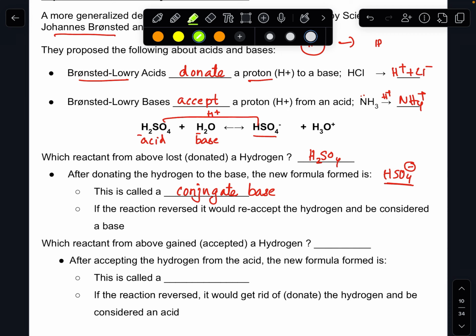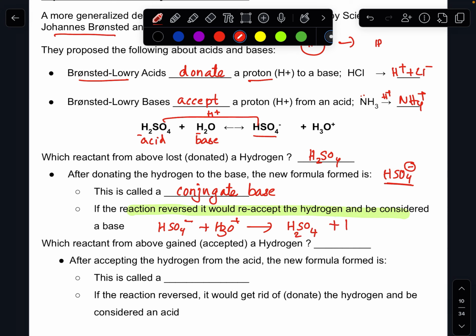The reason we call it that: if you reverse the reaction, like if you go this way, HSO4 minus and H3O plus, then HSO4 minus will gain the proton and form H2SO4 and water. So that is gaining the proton, so that's why it is a base there.